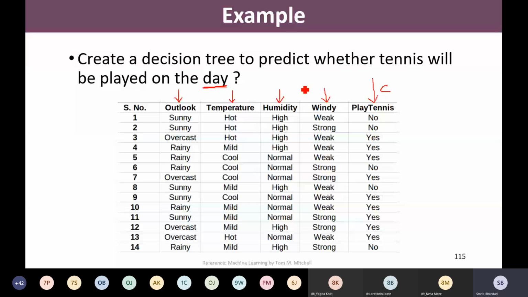Every day is described with these 4 features.